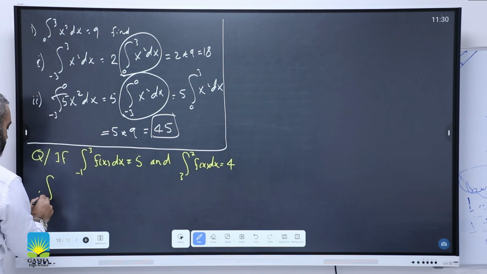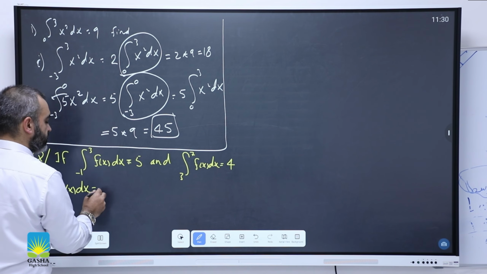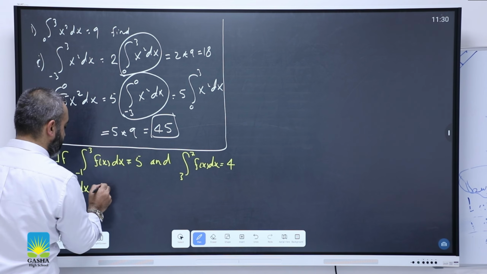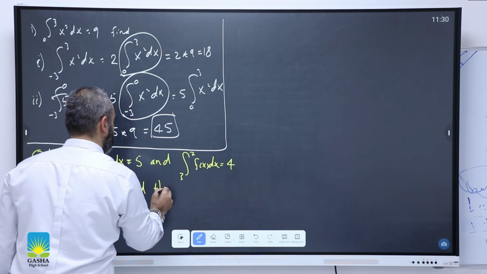Integral from 3 to 7 of g of x dx equal to -1. Find the following.